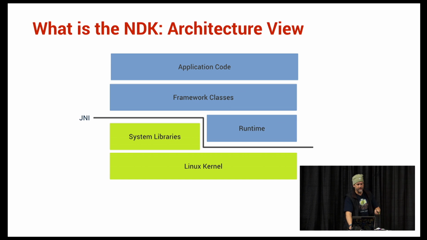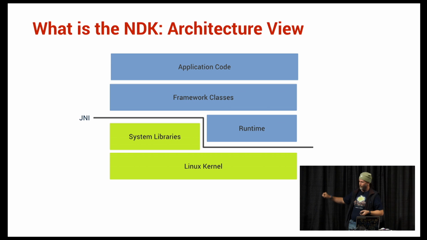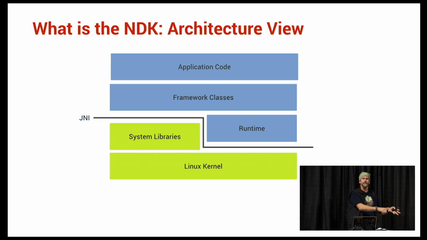They interact with system libraries by the SDK framework classes. And SDK application code is written in a language like Java that the runtime can support. The Linux kernel is written primarily in C and C++, and so are the system libraries. The framework and the Java runtime call into these libraries using the Java Native Interface, or JNI.